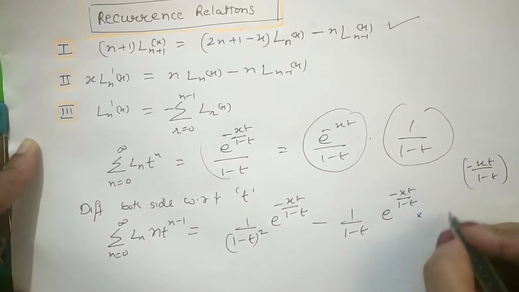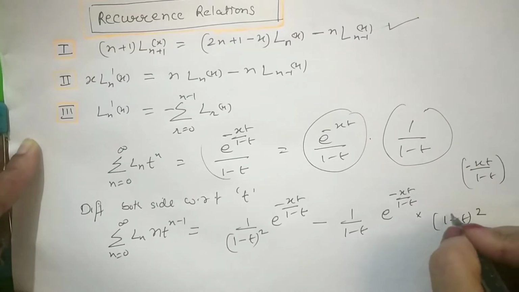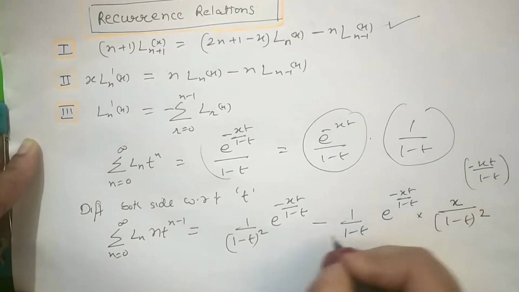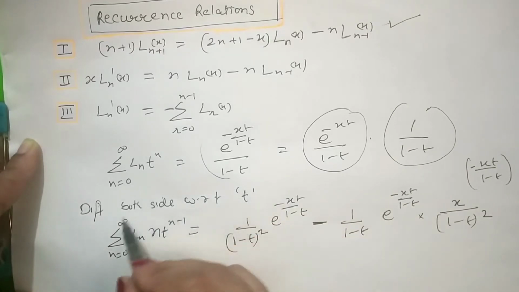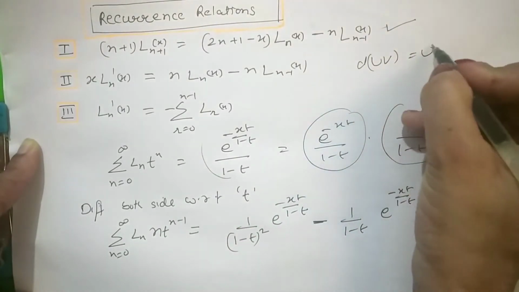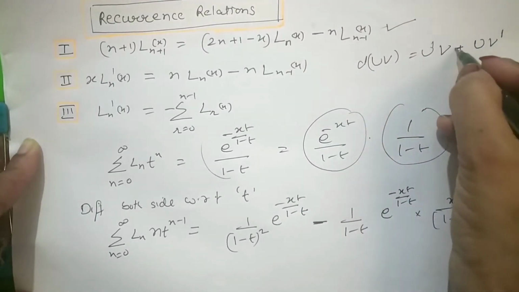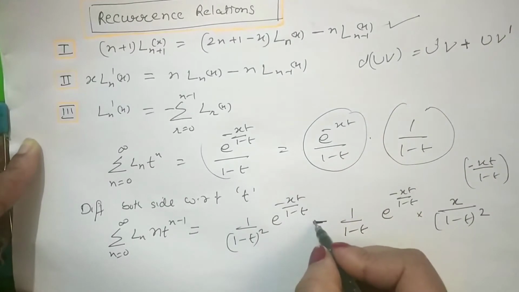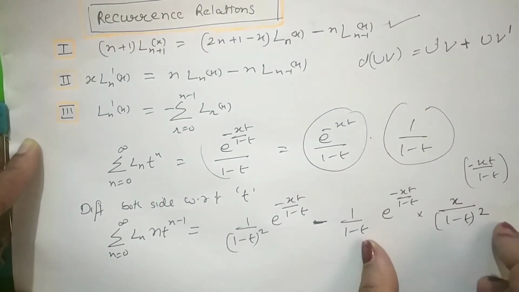Minus of this derivative will be 1 minus t whole square, and if you solve this, this will be x. Minus x, and minus will make this sign minus, because the formula for the derivative of a product of two functions is derivative of one, second as it is, then first as it is, derivative of the second. Here it is the plus sign, so this is minus because x is of negative sign. So this is what we get from here.